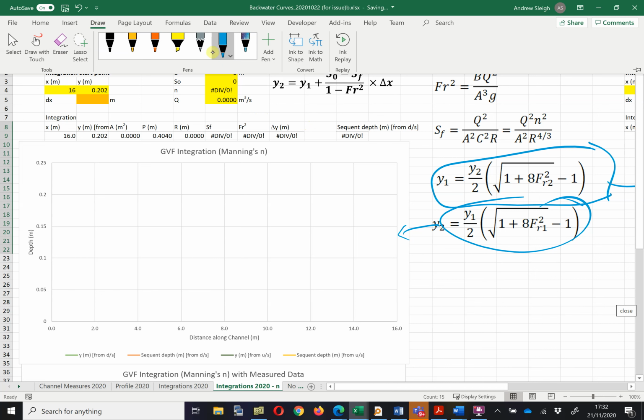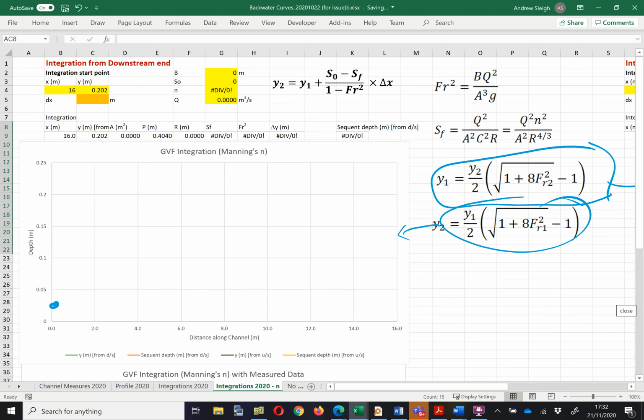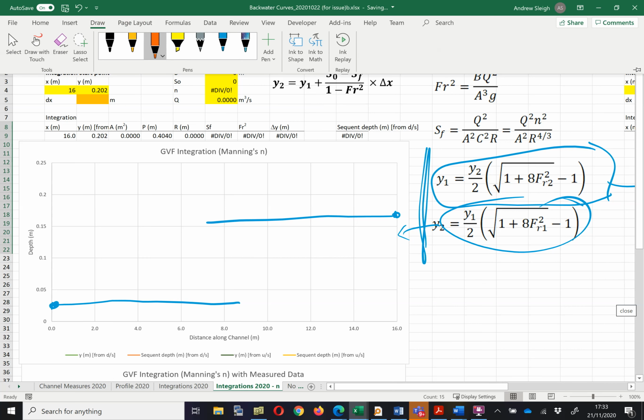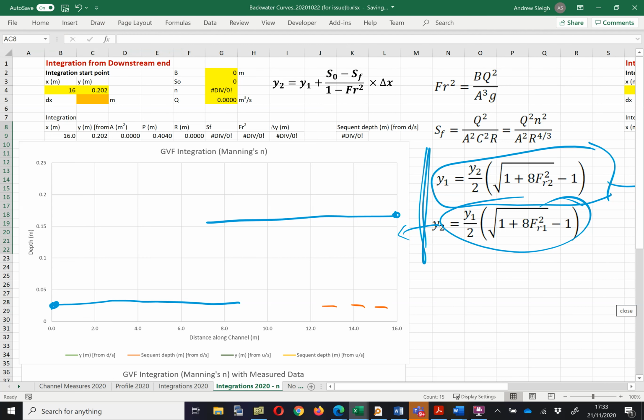Now, let's draw a water surface. You're going to start an integration at this end, and you're going to go there. And there's your surface. You're going to start another integration from the other end, and you're going to go up to there. You can calculate what we call a sequent depth from one of these two equations, and the sequent line I'm going to draw as a dashed line.